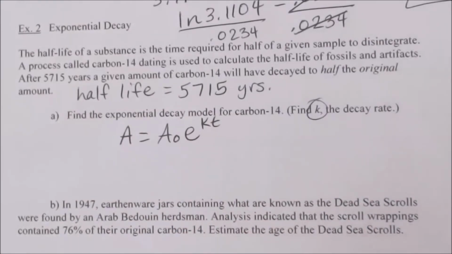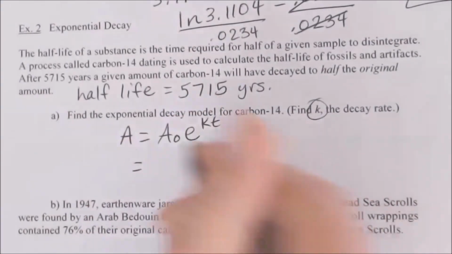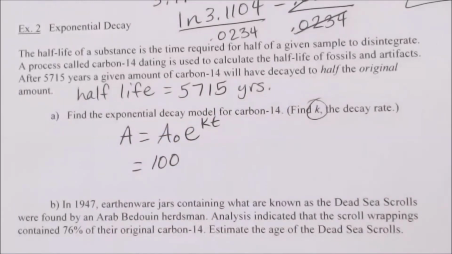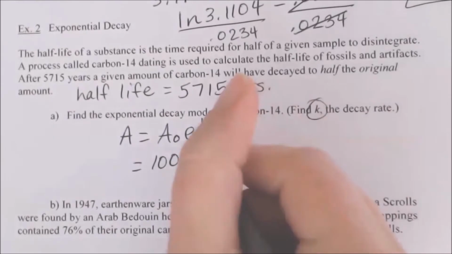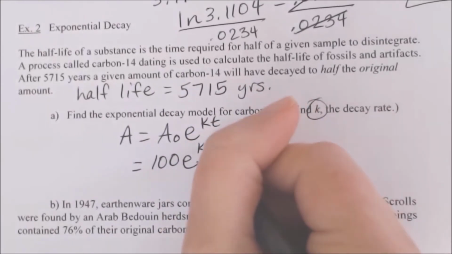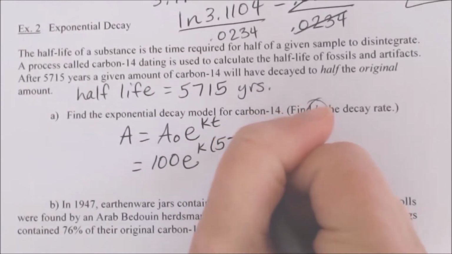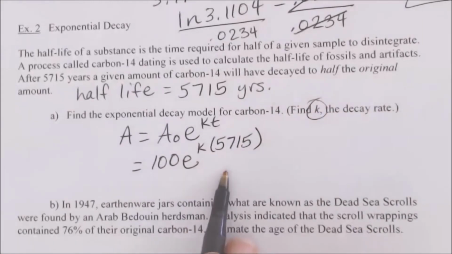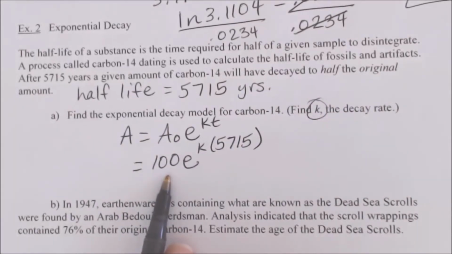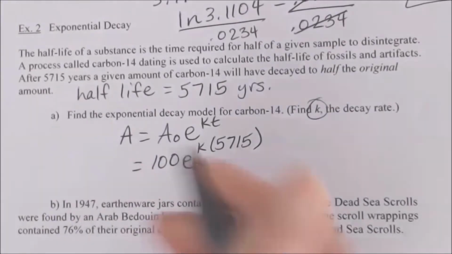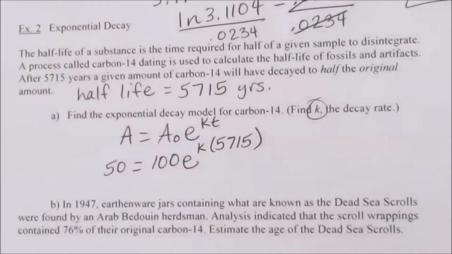So let's pick a starting amount. It makes absolutely no difference what we choose. I'm going to select 100, just because I feel like 100 is an easy number to work with. So I know that K, of course, is what I'm solving for. I know that after 5,715 years, because that's the half-life for this element, what is my 100 grams going to disintegrate down to? Well, it's going to be cut in half, so it's going to take me down to 50 grams.